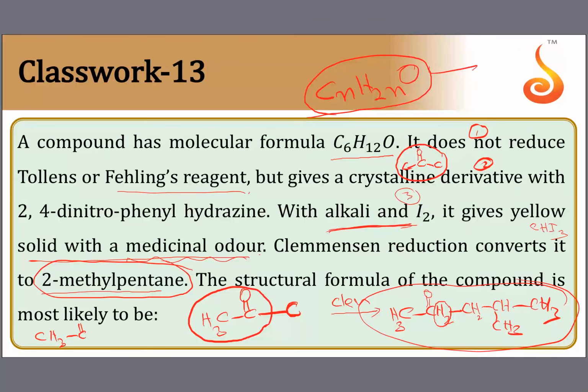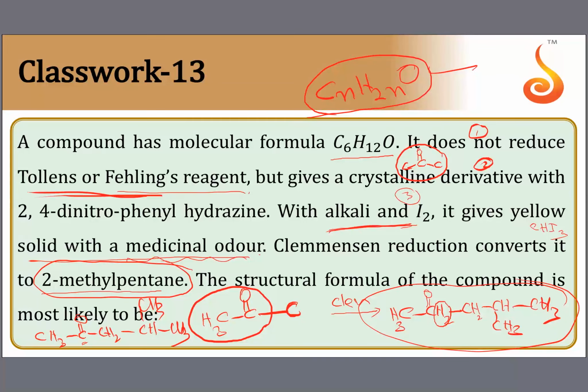CH3CO, CH2, CH, CH3, CH3. Since it is a ketone, it won't react with Tollens reagent or Fehling's reagent. With alkali and I2, it gives the iodoform test.